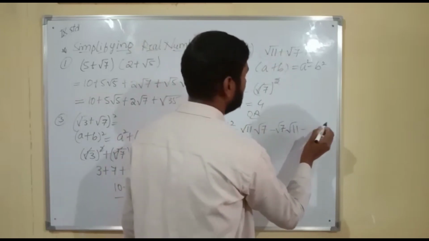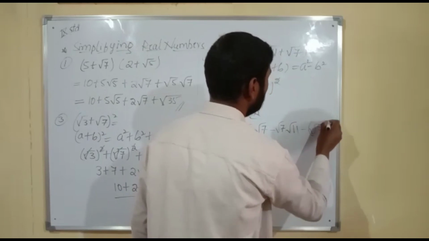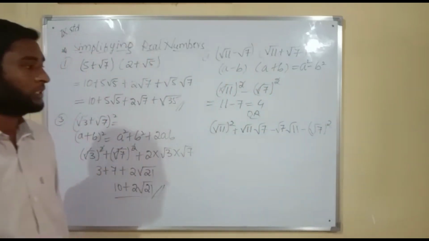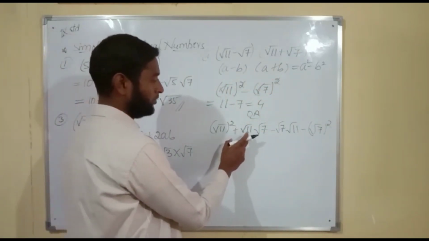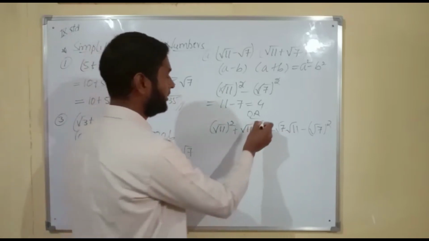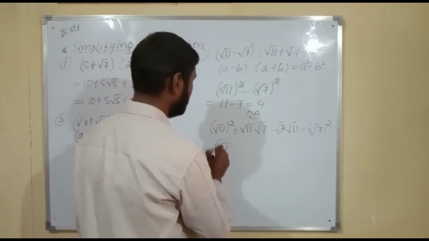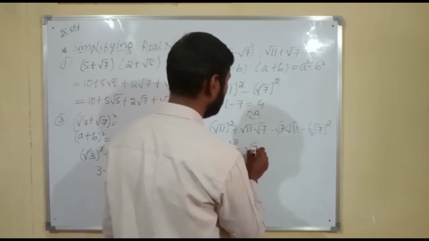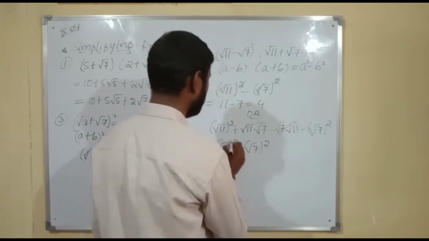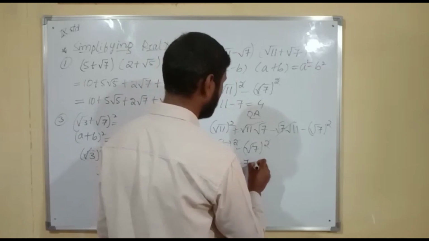Minus into plus, it is minus root 7 into root 7, which is root 7 whole square. Here plus root 11 root 7 minus root 11 root 7 cancel out each other. What remains here? Root 11 whole square minus root 7 whole square. Again we get the same answer by cancelling the squares.